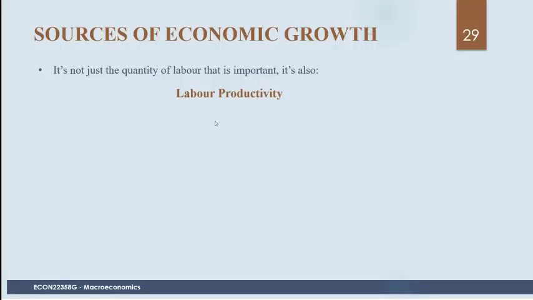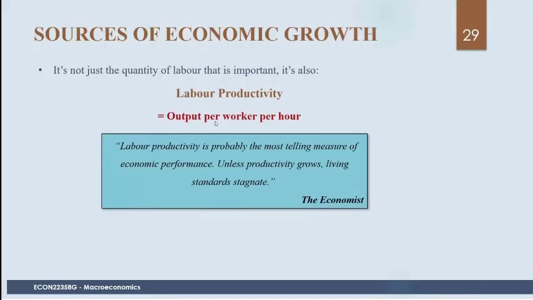Because of all the advances in agricultural implements and other tools, barely 5% of the population needs to work in agriculture anymore, and we have more food than we know what to do with. So labor productivity is key to increasing the standard of living.